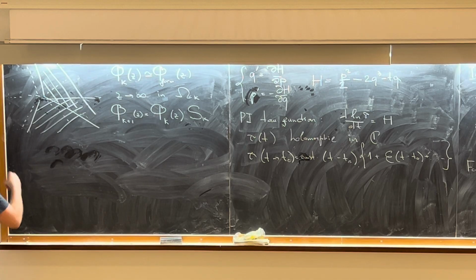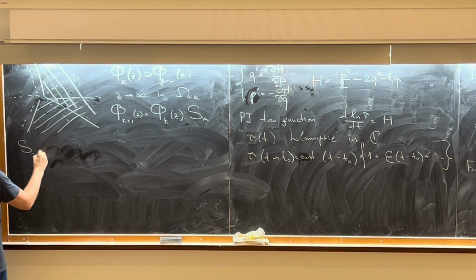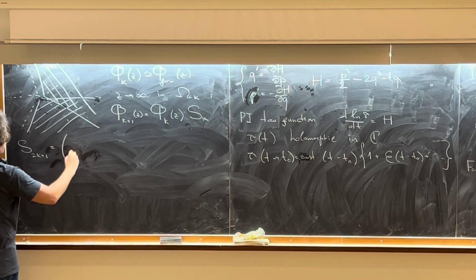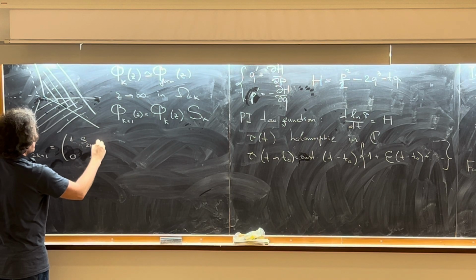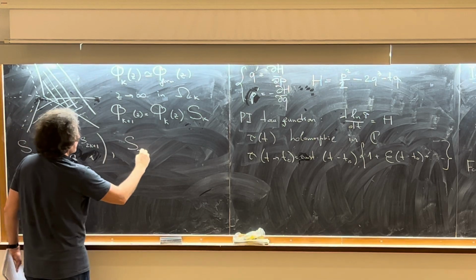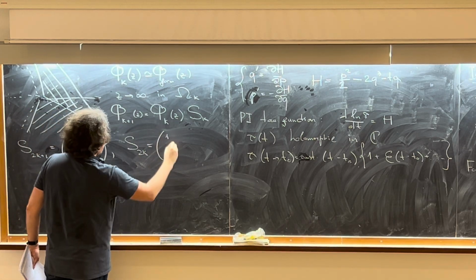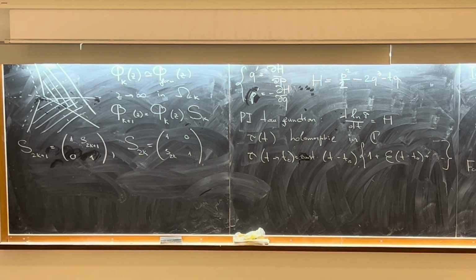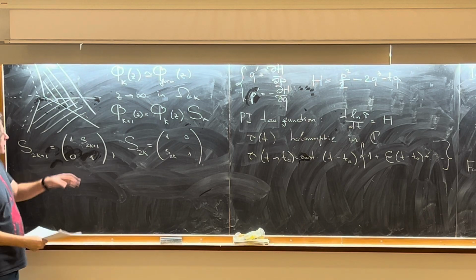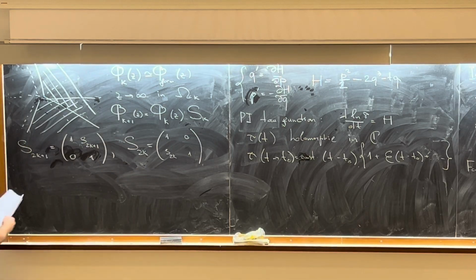So these are Stokes matrices which have the familiar triangular structure. So you have something like S 2k plus 1 is (1, S 2k plus 1; 0, 1), S 2k is (1, 0; S 2k, 1). And so you have a cyclic relation satisfied by these Stokes matrices, which defines the monodromy manifold for Painlevé 1.